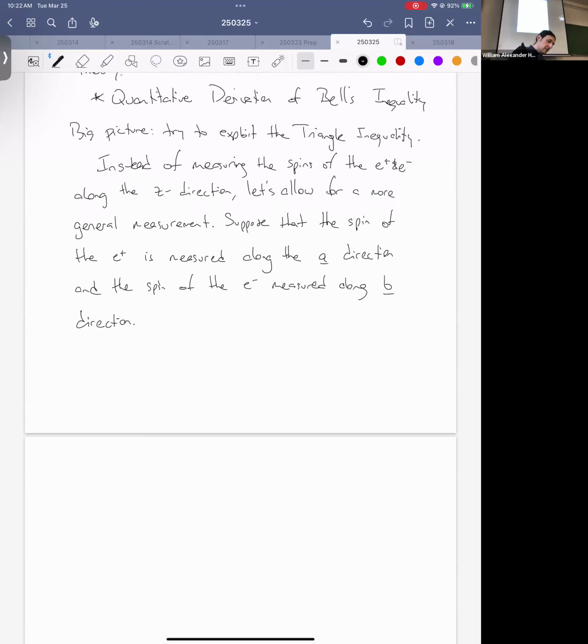So in the homework, it's an optional problem, one can show that the expectation value in quantum mechanics, given that one has chosen a direction A and chosen a direction B, and given our final state being in this singlet configuration.